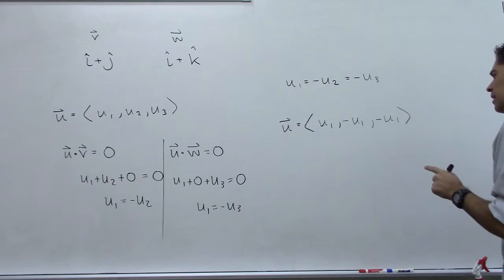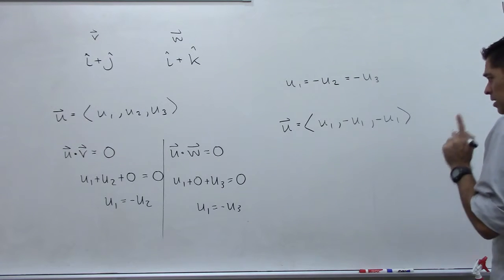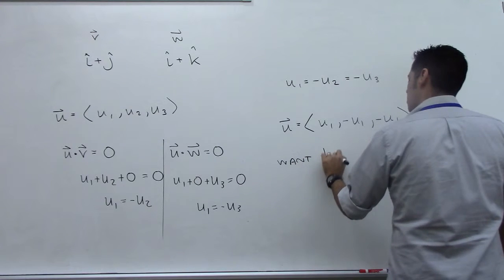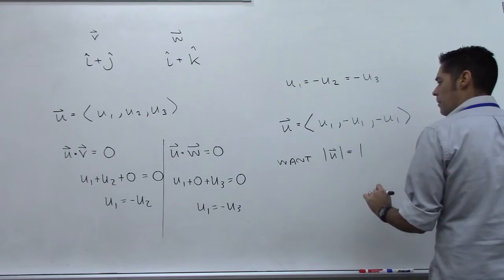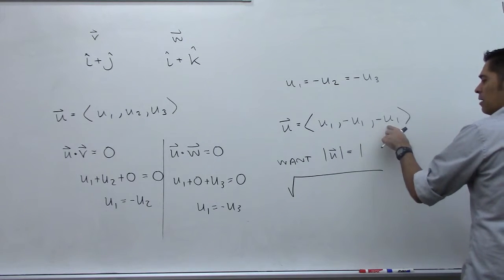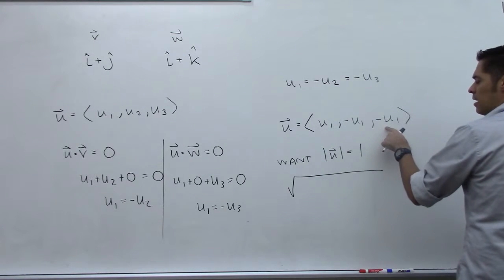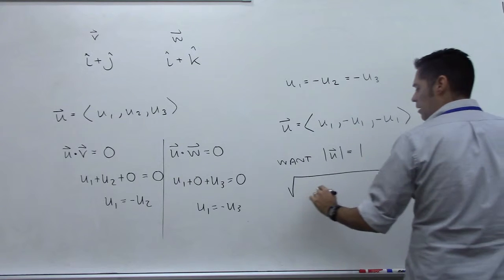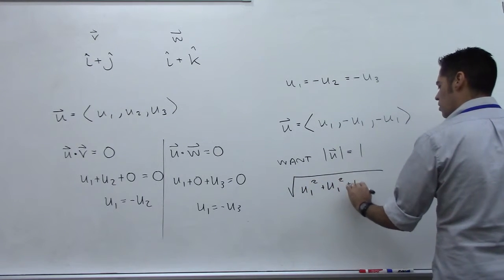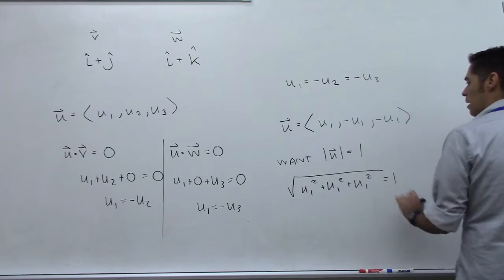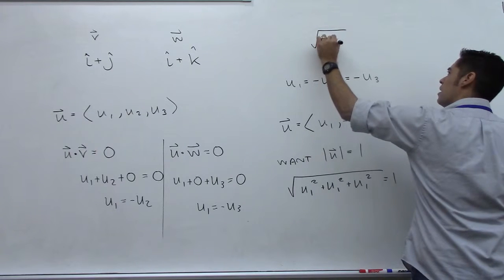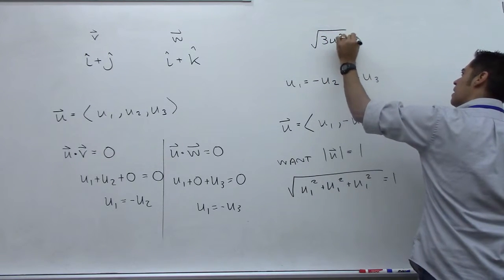But then I also need that this be a unit vector. So I want also the magnitude of u to be equal to 1. And the magnitude of u will be this squared plus this squared plus this squared. Since they're all u1s, and I'm squaring so the negative doesn't matter, I'm going to get u1 squared plus u1 squared plus u1 squared must be 1, which means that the square root of 3u1 squared must be equal to 1.